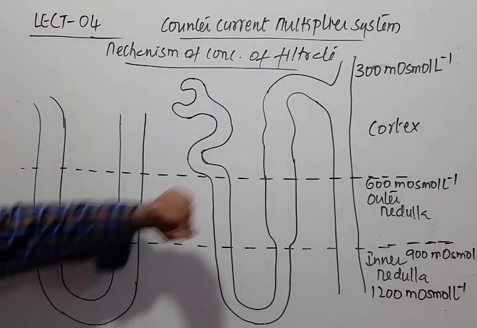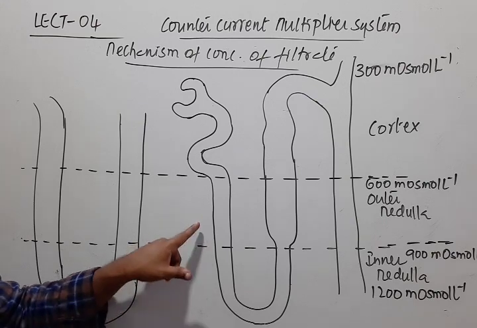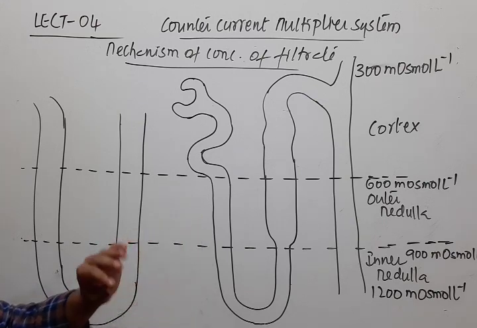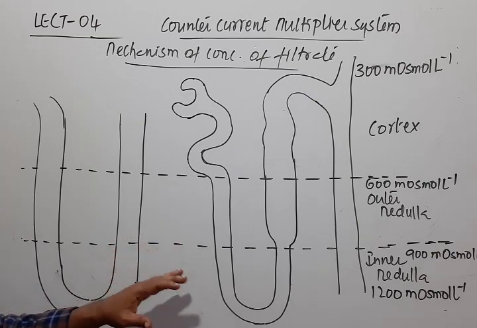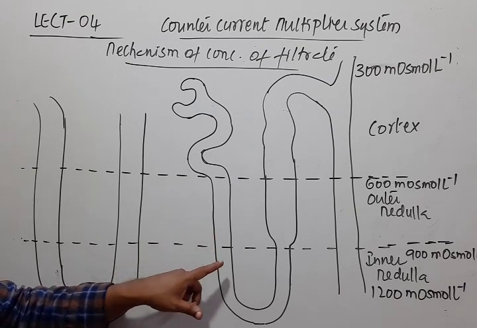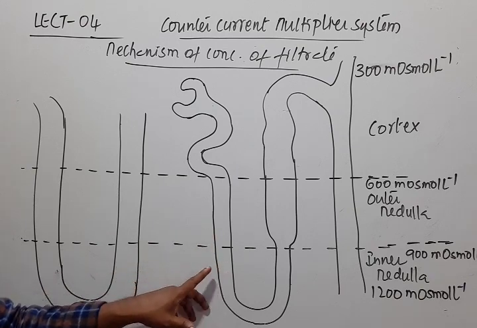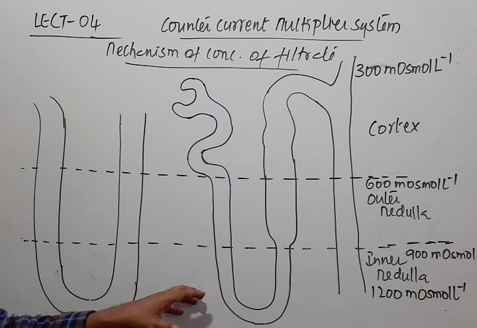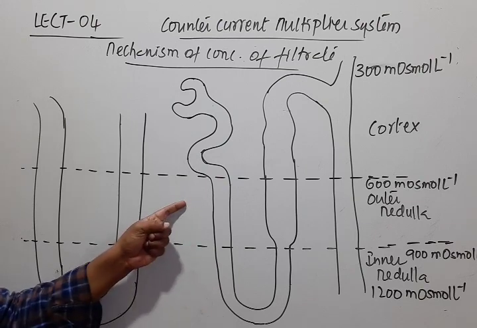Okay, fine. So we understood that Henle's loop is mainly meant for concentrating the urine, and some substances that pass out from the renal tubules enter into this interstitial fluid.